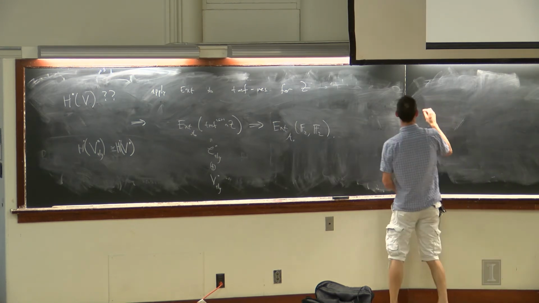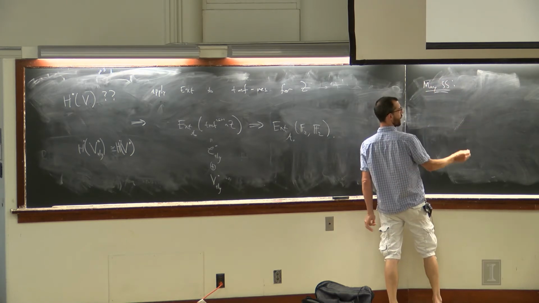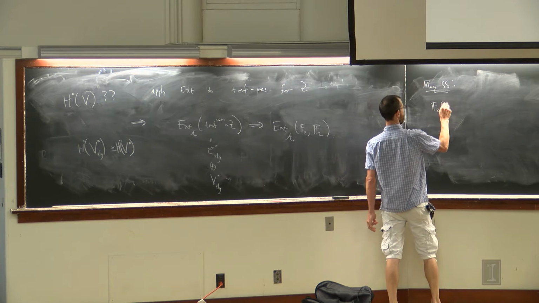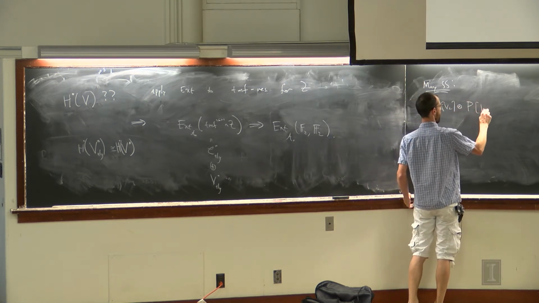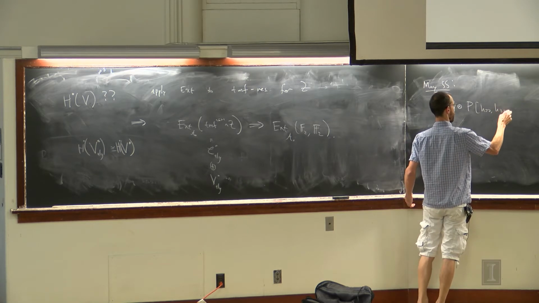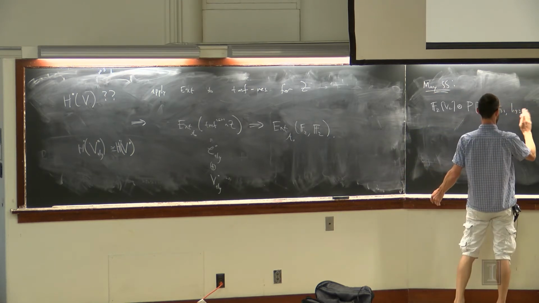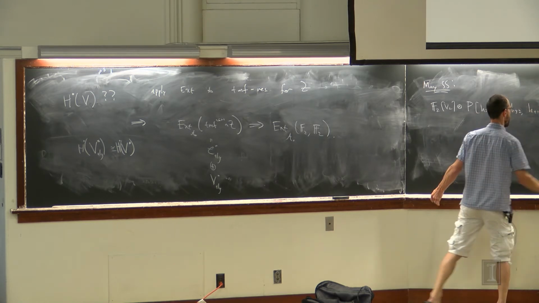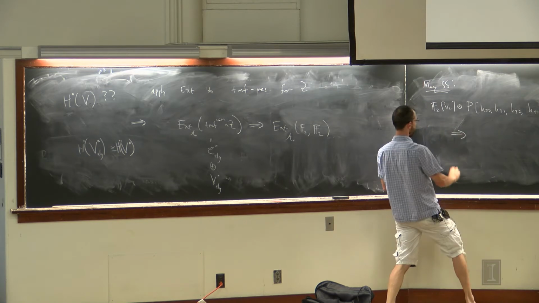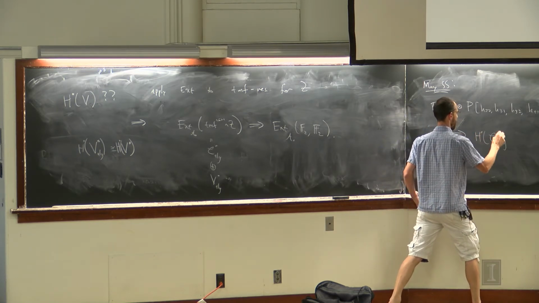So there's a May spectral sequence that looks the same: F2 adjoin V2, tensor polynomial, H22, H31, H32, H41, H42, etc., converging to the cohomology of this guy.